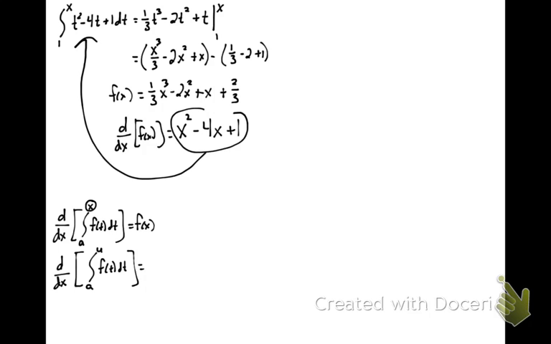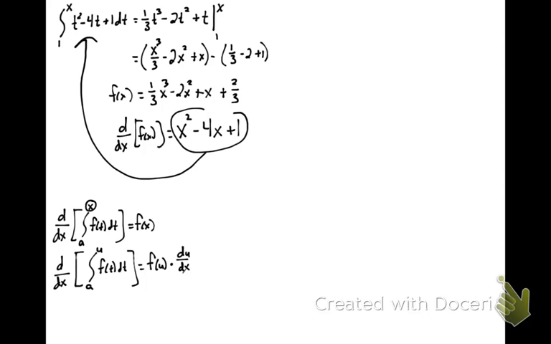We end up with our function with u substituted in times the derivative of whatever u is. So ultimately, the derivative of an integral is the original integrand with the variable changed. This will probably make more sense with some examples.